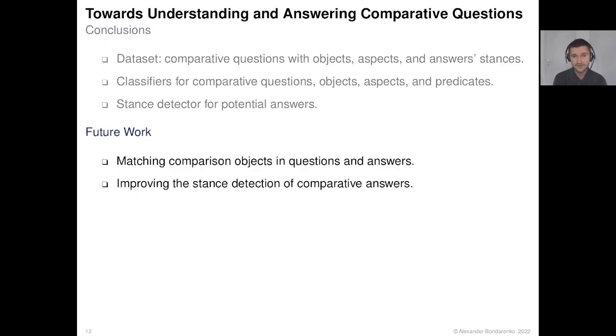Well, there is still some work to do, like for example, plenty of room for improving the stance detection of comparative answers. And another interesting task is to build an automatic matching between comparison objects in questions and answers in cases when, for example, abbreviations or synonyms are used.